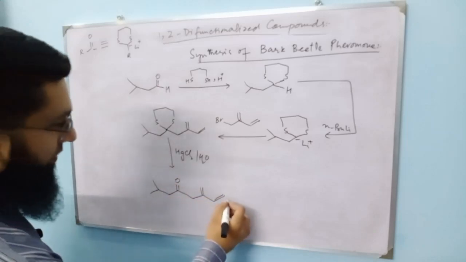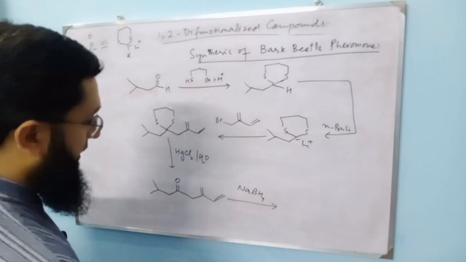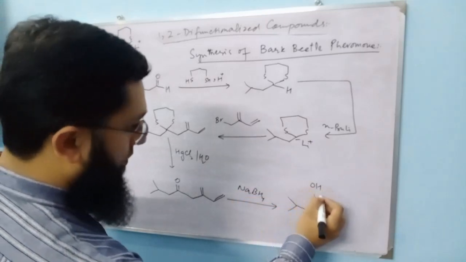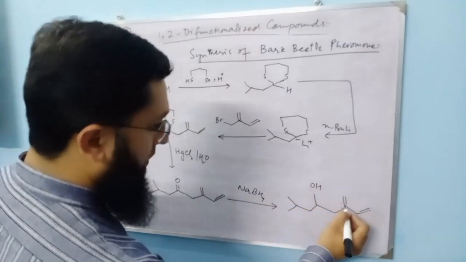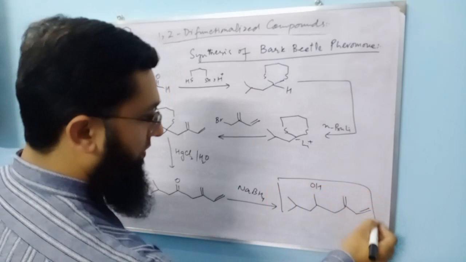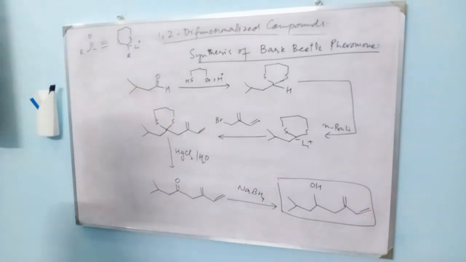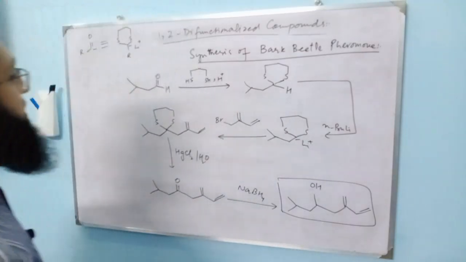This was then further reduced with sodium borohydride and this is the bark beetle pheromone. So this is the synthetic application of 1,3-dithiane towards the synthesis of bark beetle pheromone. Now we see the next reagent.